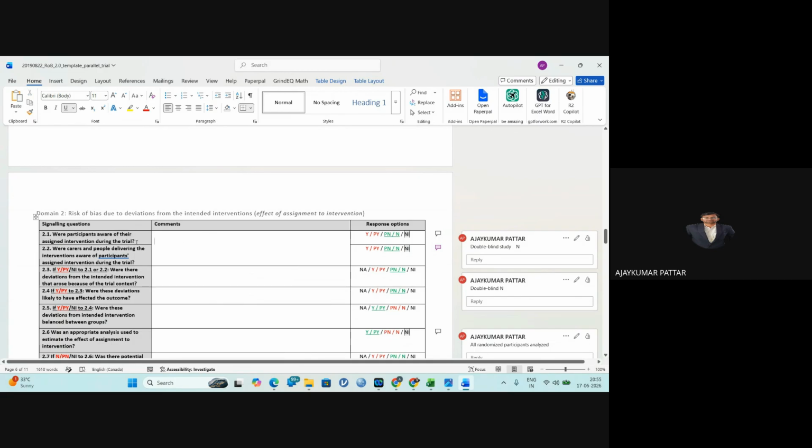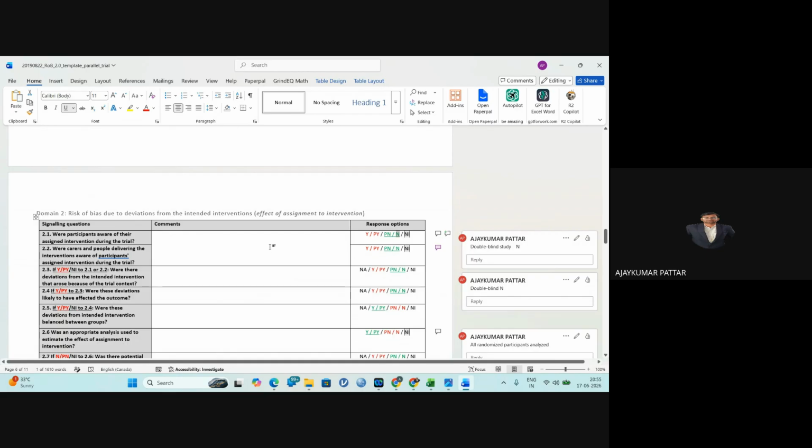No, if they mention double blinded, then the participants are not aware of their group, so we mention no, which means low risk. How do we come to know the participant does not know about the intervention? If the study mentions double blind, then we will click no.